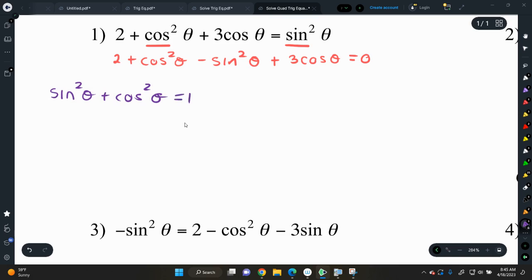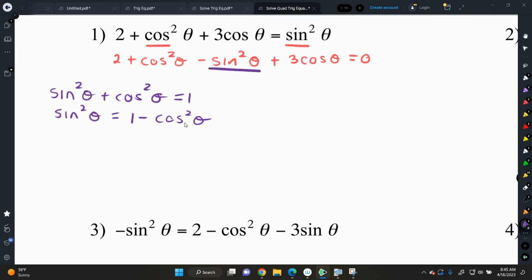That's our Pythagorean identity. So that means that sine squared is equal to 1 minus cosine squared. So let's substitute that in right here. I'm choosing to substitute the sine squared instead of the cosine squared because I have a plain old cosine in there also. So I want everything to be cosines.